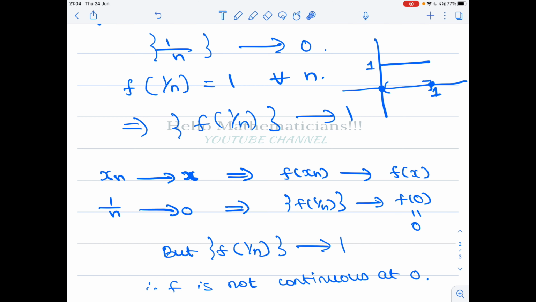Now, if f is continuous at x, then whenever xn converges to x, f of xn should converge to f of x. We are looking at the continuity at the point 0. So we take the sequence 1 by n converging to 0, and f of 1 by n should converge to f of 0. But what is f of 0? f of 0 is 0.